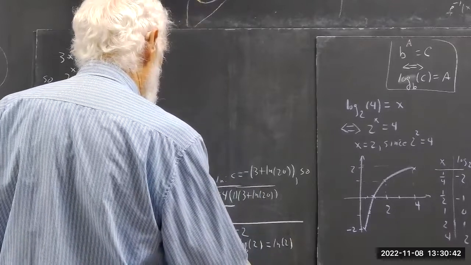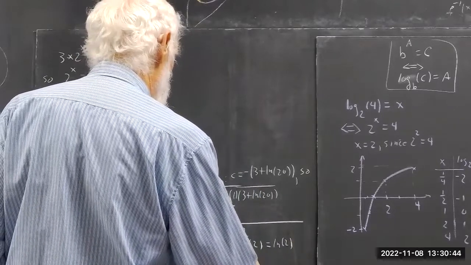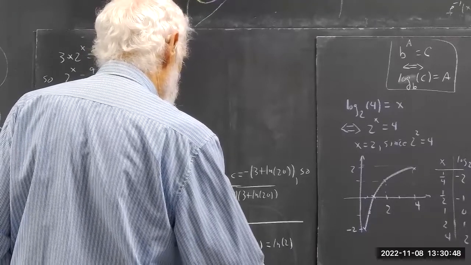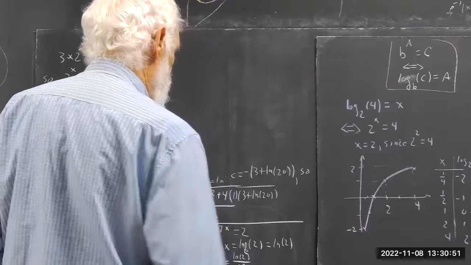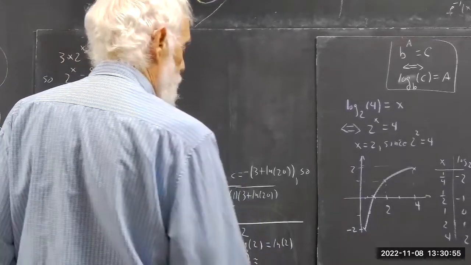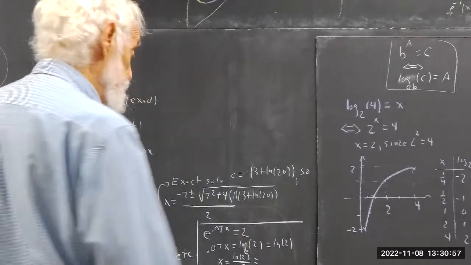So X is the natural log of 2, which is 0.07. And it just turns out that the natural log of 2 is pretty close to 0.7.